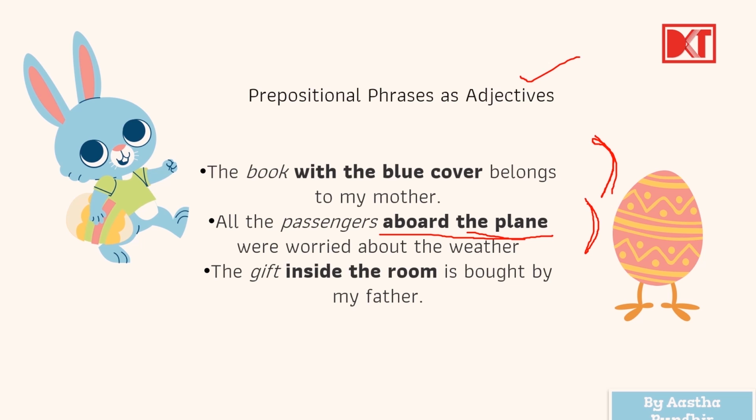Describing these passengers. Then again, the gift inside my room. Similar explanation, the preposition is inside. The room is the object, a noun. And then inside the room, completely together, is doing the job of an adjective by describing what? Describing the gift, the position of the gift. Alright, so that's how prepositional phrases act as adjectives.